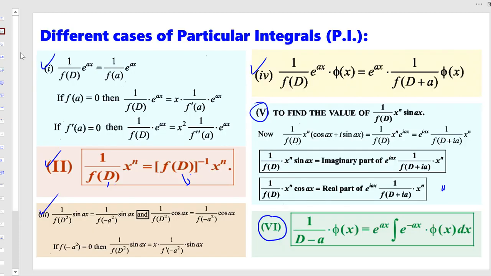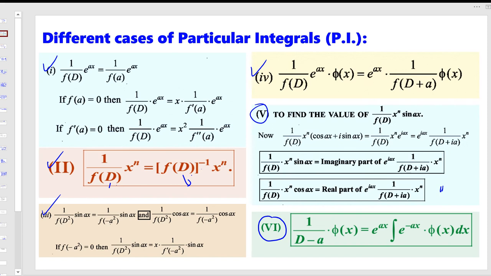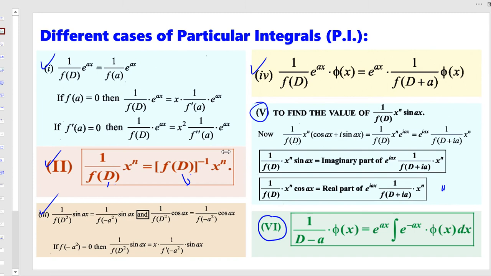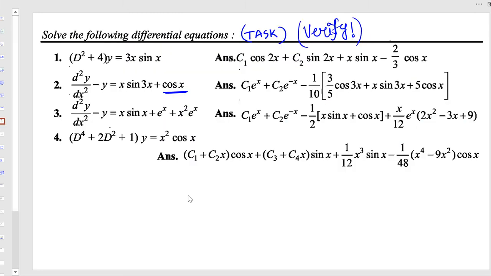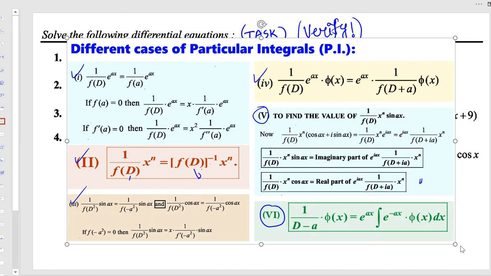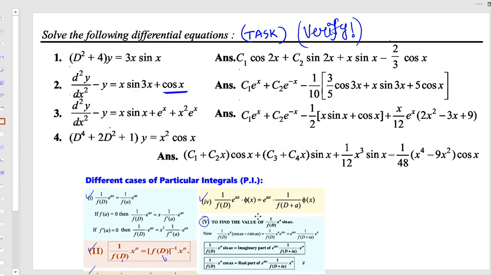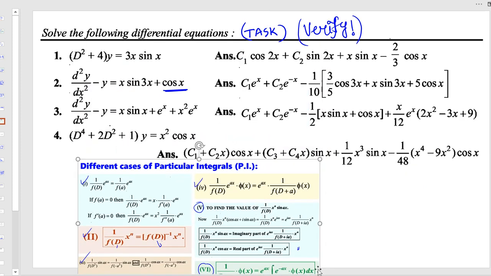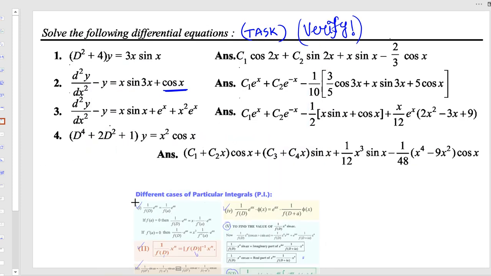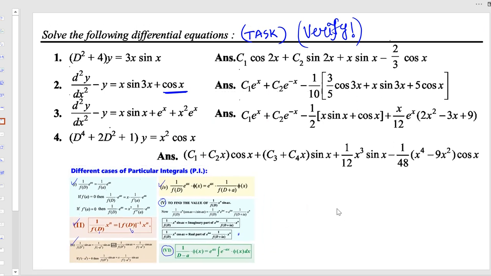If you remember this case, try to look at the situation here. What we are having is actually, in this case we will have this second, this is a third case.